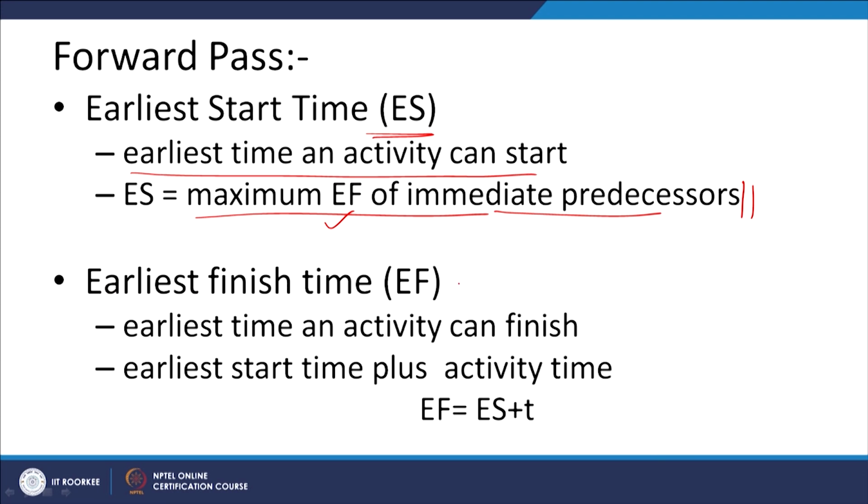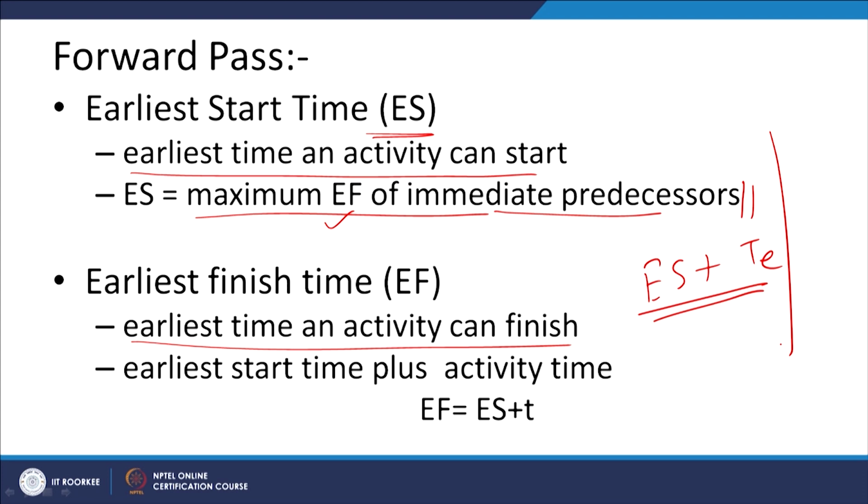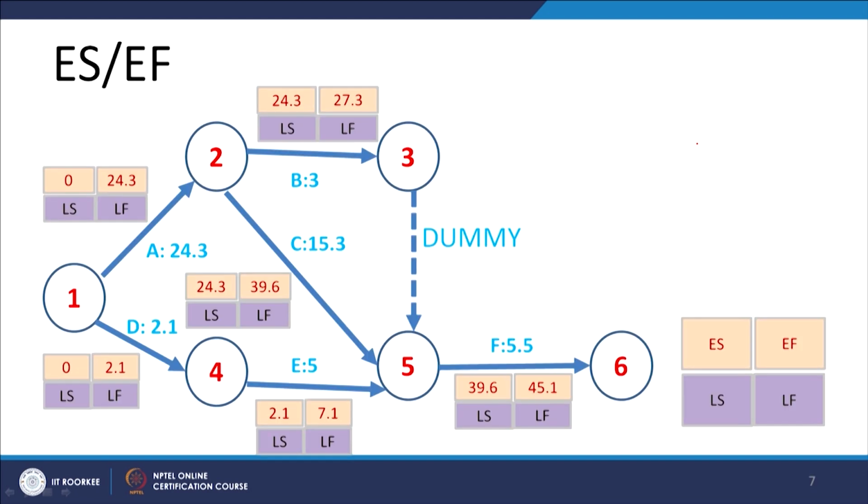Similarly, the earliest finish time is the earliest time by which an activity can be finished, and it is obtained simply from the ES plus the time to complete the activity, that is the TE value, the expected time for completion of a particular activity. So, earliest start is the maximum of the earliest finish times of the predecessor activities. This is what we have to keep in mind, because we may have different situations.